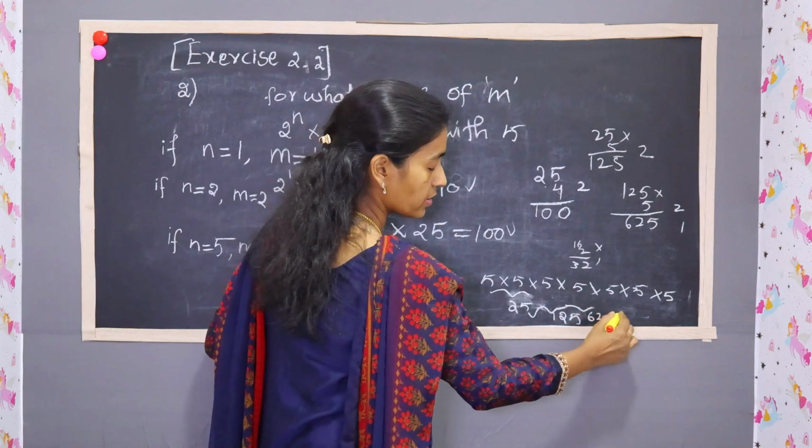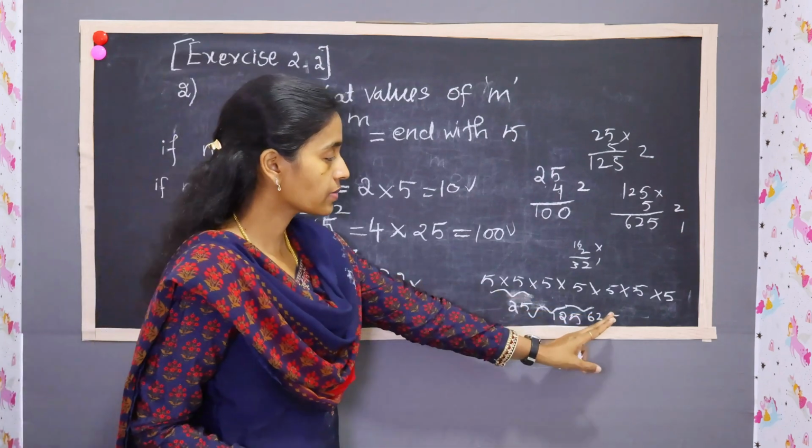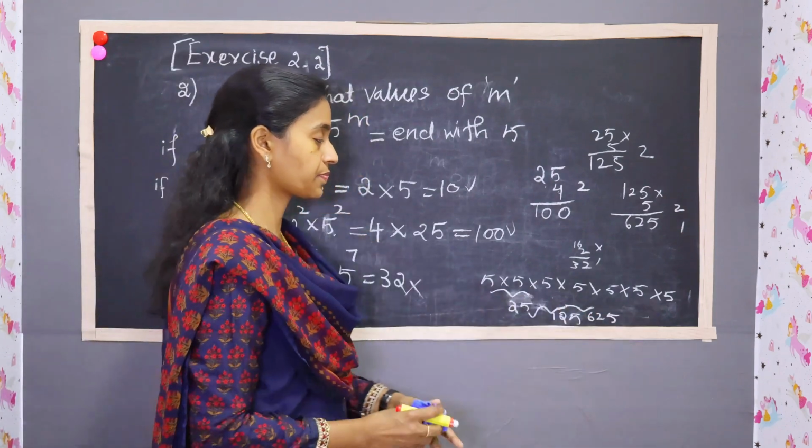Again we need to multiply by 5 into 5 into 5.